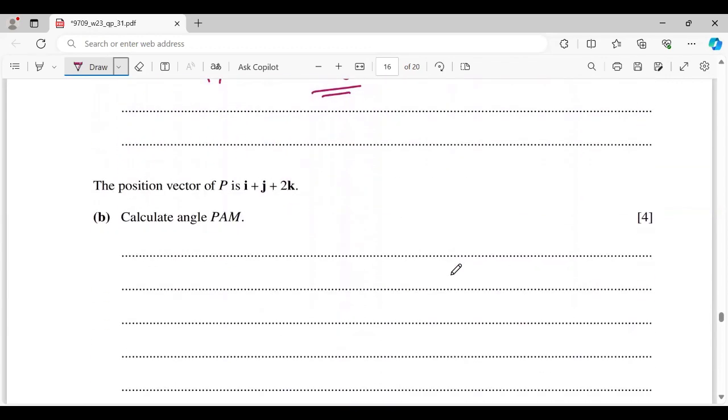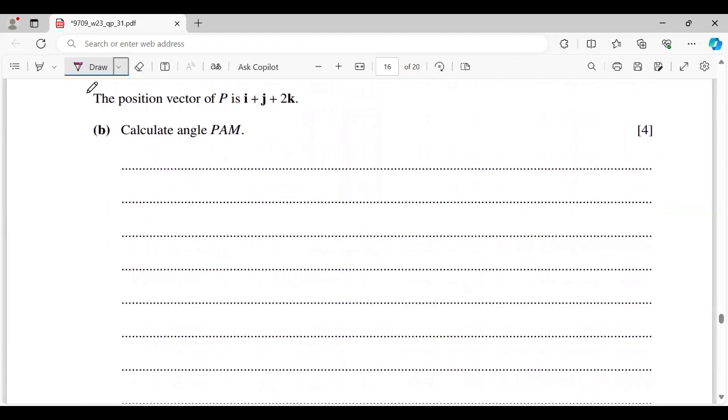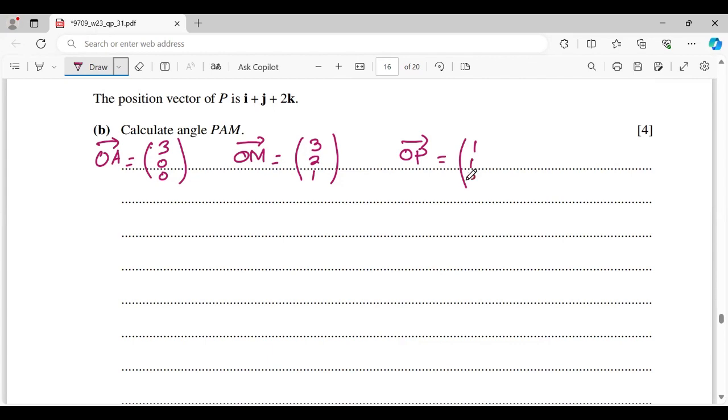So I'm going to start from OA first. OA is 3, 0, 0. OM is 3, 2, 1. OP equals 1, 1, 2.